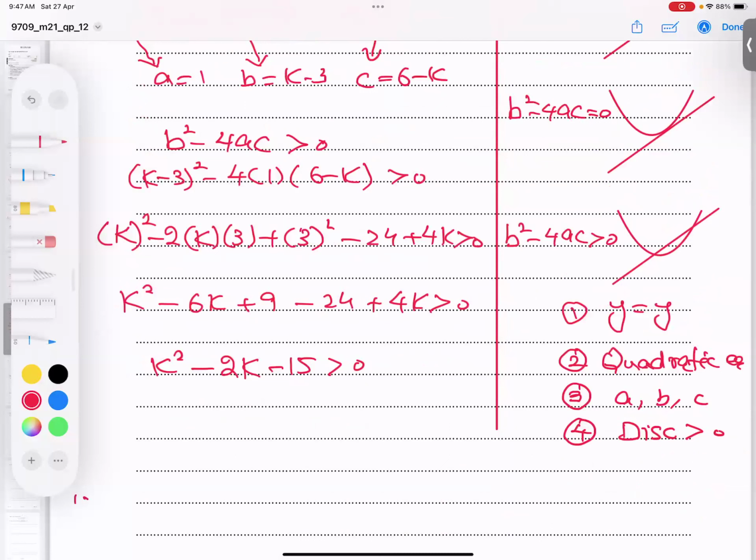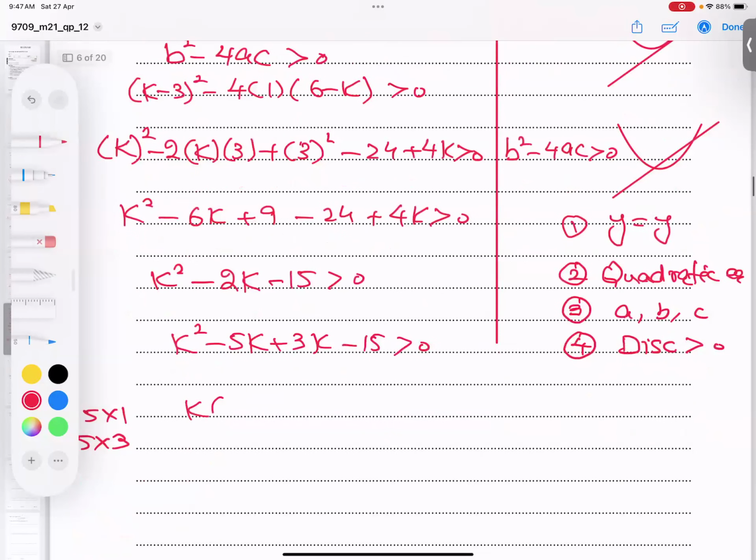We have many ways to get 15. 5 threes are 15, but 5 and 3 will help us to get 2. So bigger number negative, 5k negative, and 3k positive. I think you understood. So here k common, I get k minus 5. Here 3 common, I get k minus 5 once again. I got k minus 5 and k plus 3 is bigger than 0.